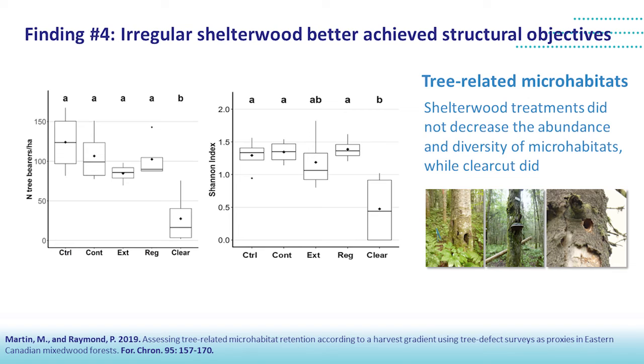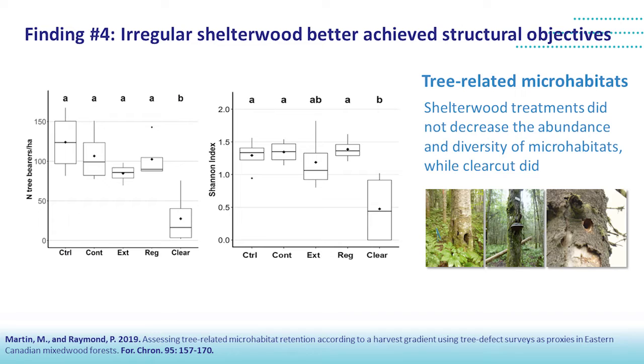So maybe last result, the tree-related microhabitats. My colleague Maxence Martin looked at the tree-related microhabitats, just like the cavities, the bark losses, fungi, all those features that are important for species diversity.